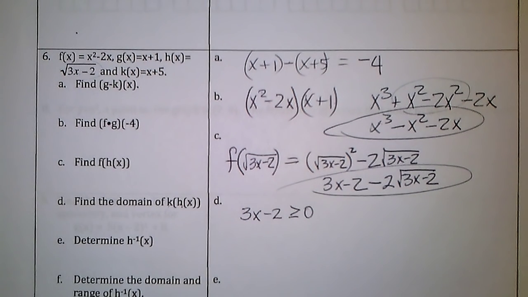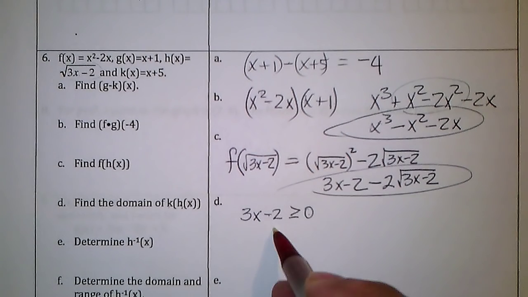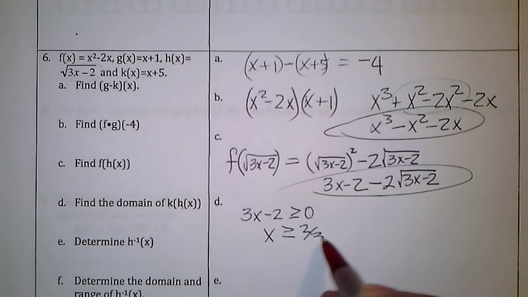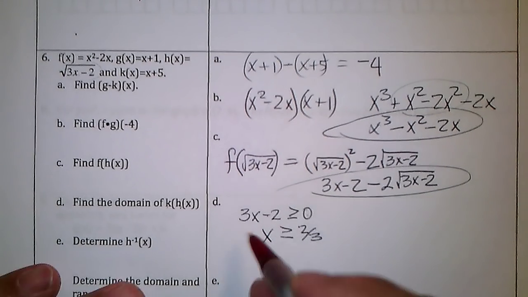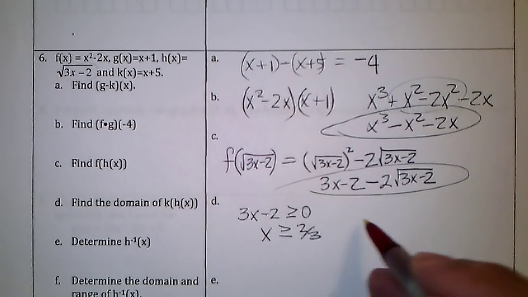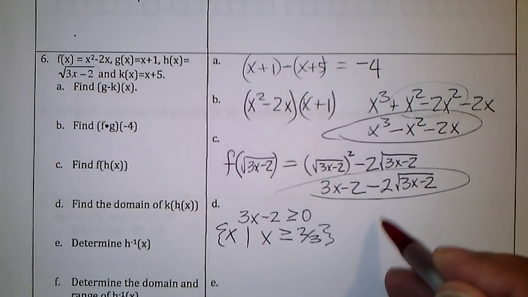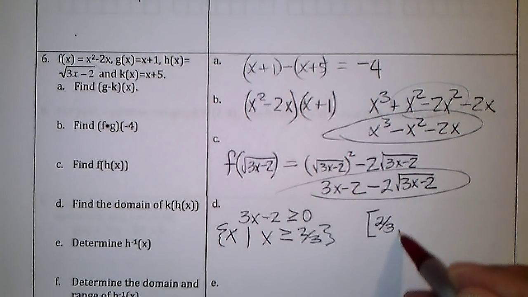It has to be positive under the square root or 0. So if I subtract 2 and divide by 3, I get x has to be greater than or equal to 2/3. So that would be the domain, from 2/3, including 2/3, to infinity.